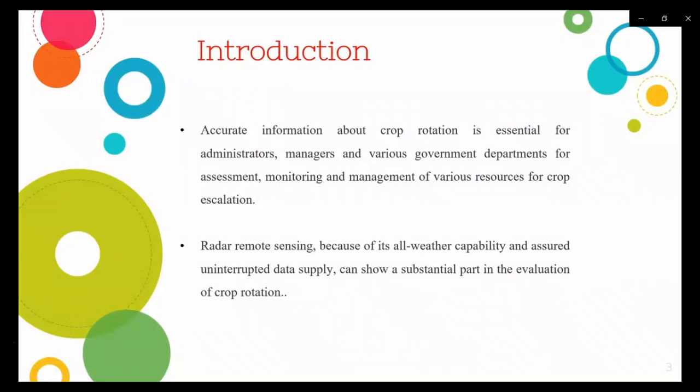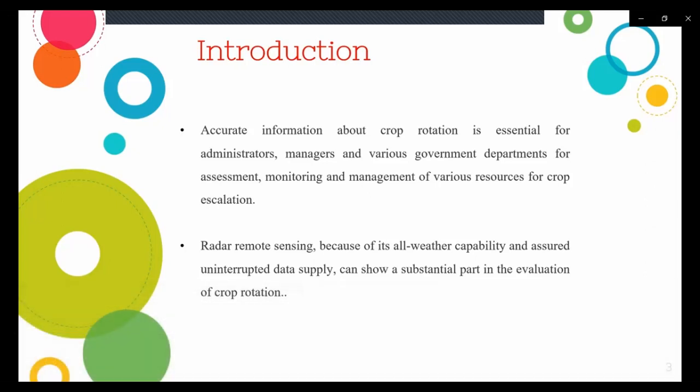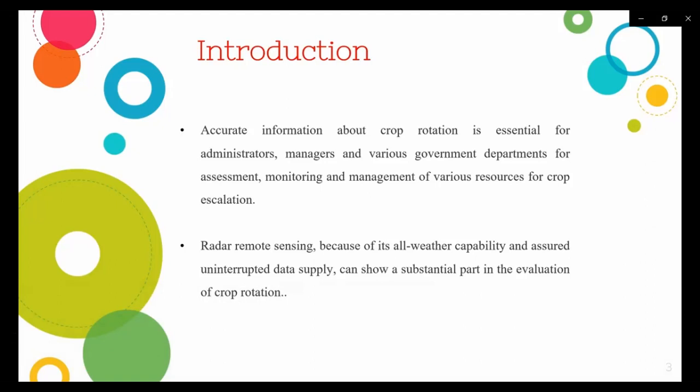Crop identification and crop area estimation can be prepared fairly successfully using satellite sensors operating in visible and near-infrared regions of the EMR spectrum. However, data collection can be erratic due to problems of cloud cover at critical stages of the crop growing season.